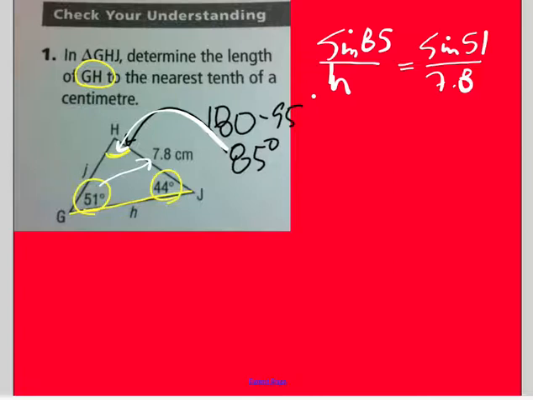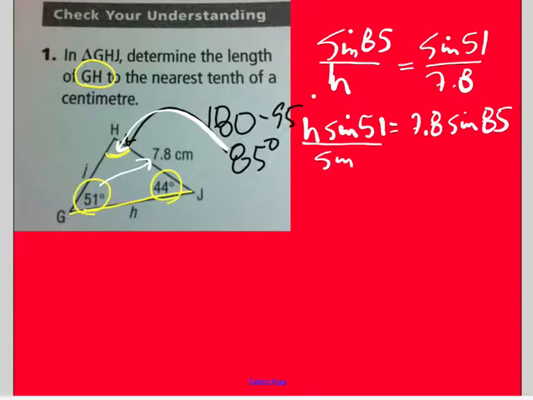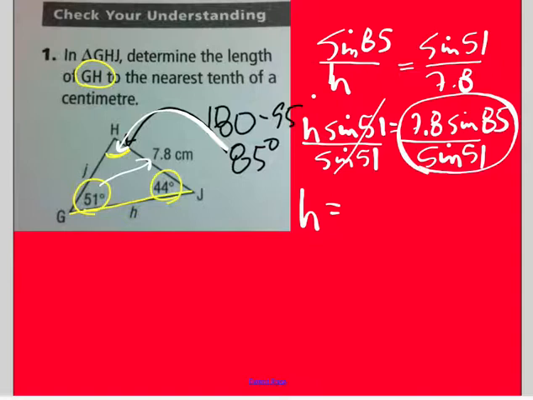So I'm going to multiply this out, and I'm going to go h sine of 51 equals 7.8 sine of 85. Divide both sides by sine of 51, and you end up with h equals this. So you pop that in your calculator.